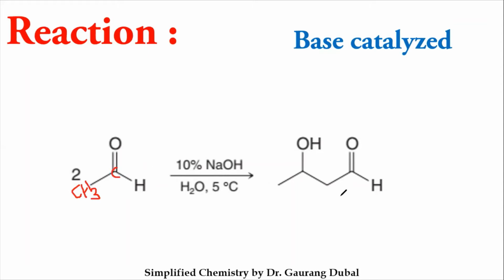In presence of weak base, you can see this is the carbonyl carbon, this is the alpha position, that is the beta position, right? On the beta position we are getting hydroxy by this reaction, and that is called the aldol product. In some textbooks, we are getting a double bond over here, that is alpha beta unsaturation, but that can be done after the dehydration process later. Let's see how it happens.